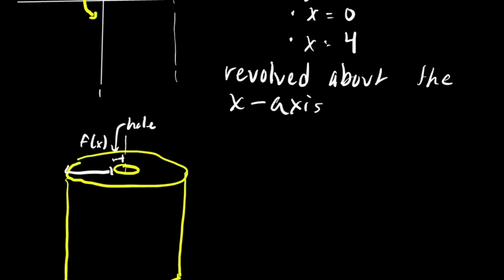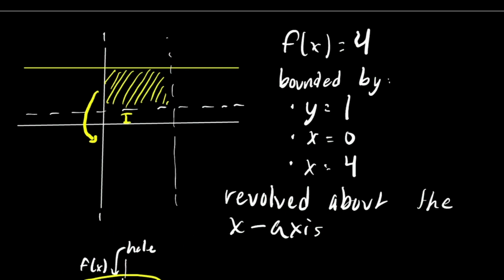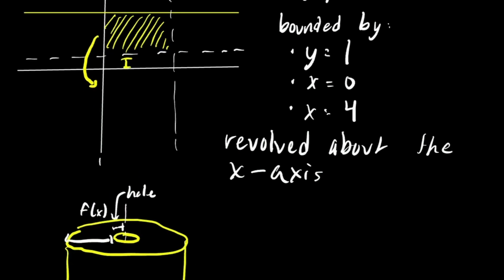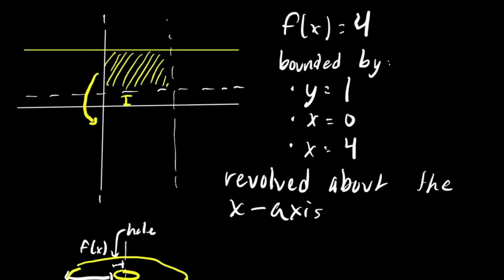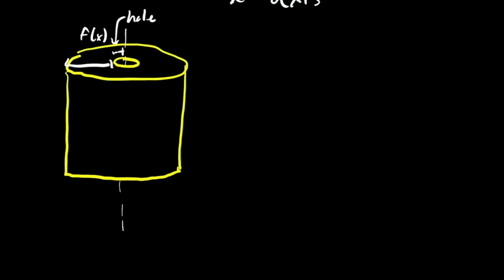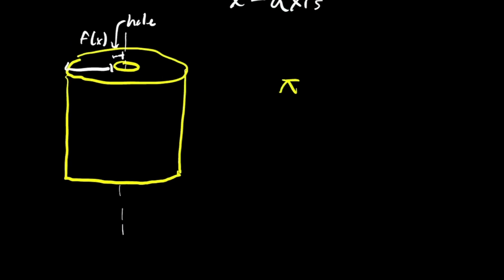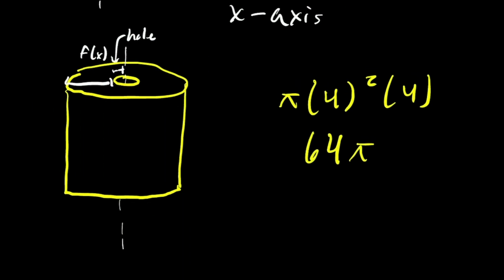So we could actually use geometry again in this situation. We have f of x equals 4, so this distance equals 4. And we have a height of 4, a length of 4, I should say. So then we could just do pi r squared h, which we found before was 64 pi.